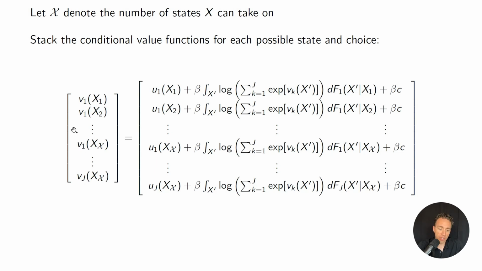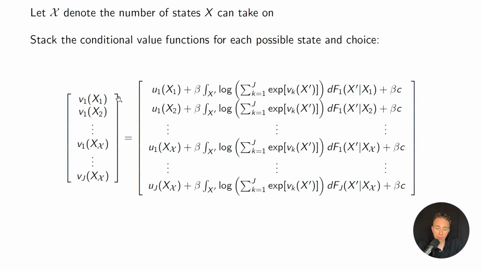So the first squiggly x rows of our system of equations is going to just be for the conditional value function for choice 1. And then the last set of squiggly x rows of our system are going to be for the value function for choice capital J. And then we have a very similar structure for any choice in between.